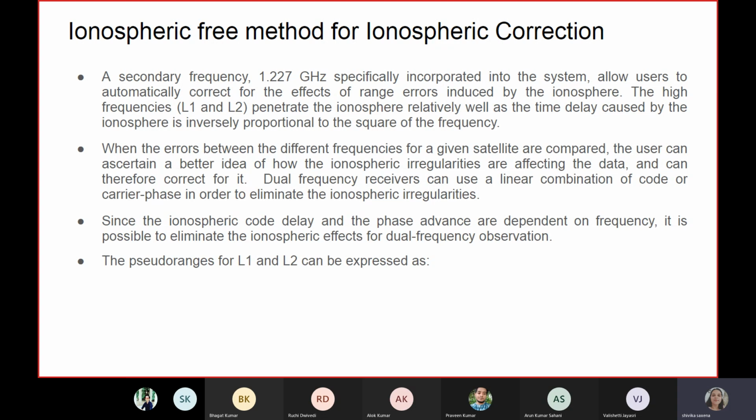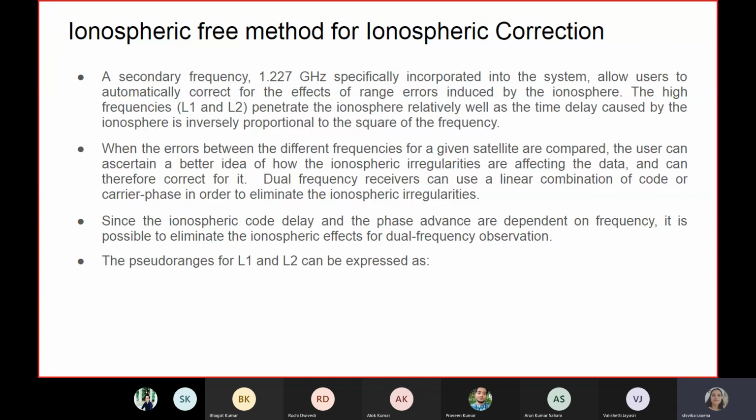So dual frequency receivers can use a linear combination of code or carrier phase in order to eliminate the ionospheric irregularities. The purpose of these high frequencies, L1 and L2, is also to penetrate the ionosphere relatively well, as the time delay caused by the ionosphere is inversely proportional to the square of frequency, that we saw in the equation for ionospheric delay.